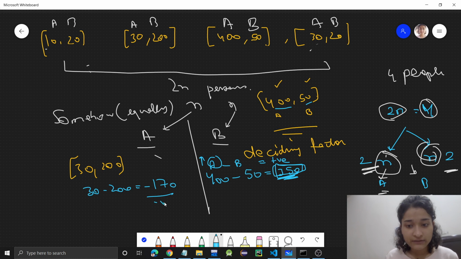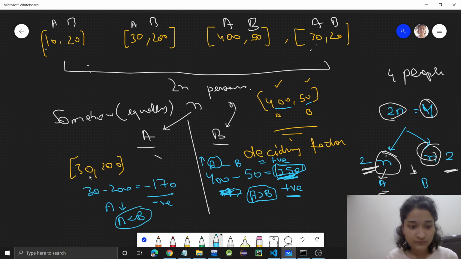When this is negative, it means A's value is less. We are subtracting A minus B, right? So if it's coming negative, A's value is less. And if it is coming positive, A value is bigger than B value. Okay, this is all right.